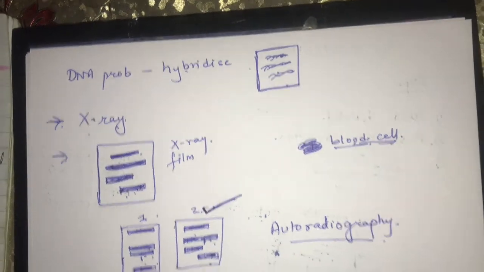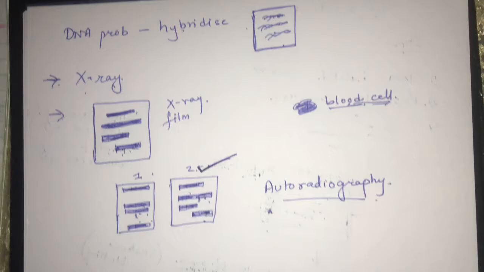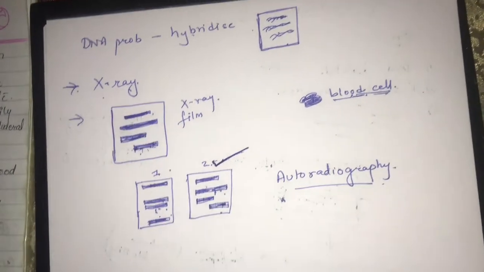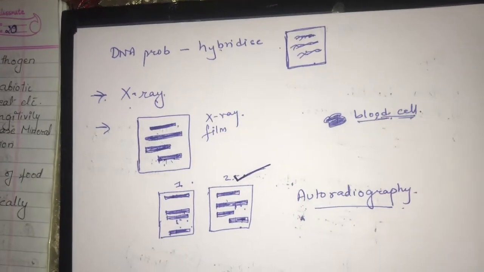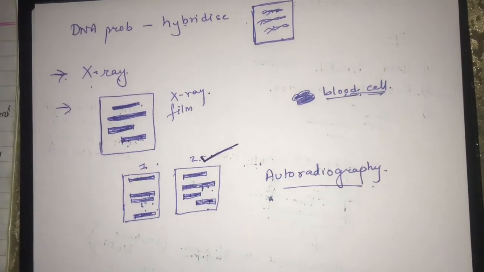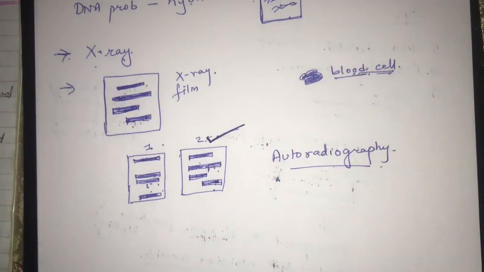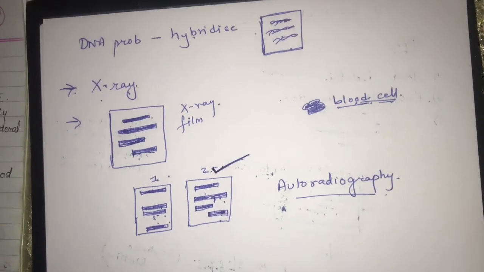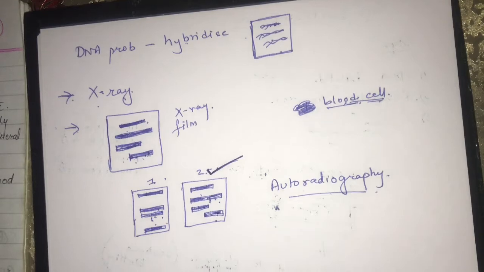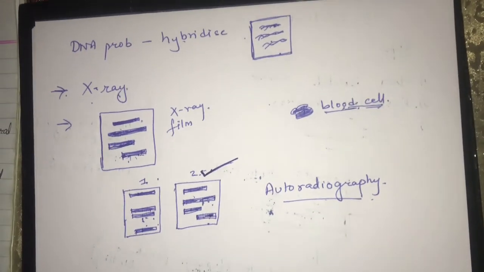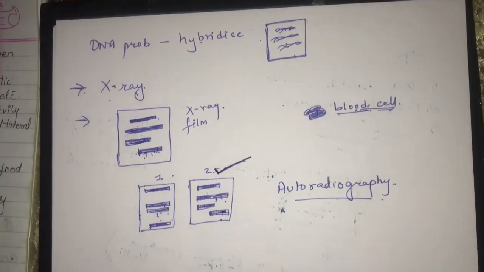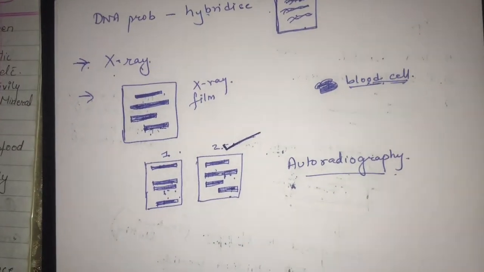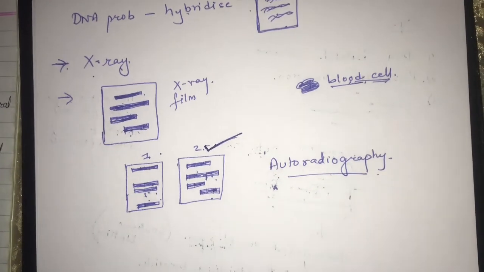Now, what are the applications of DNA fingerprinting? How is it used? I have already told you. DNA fingerprinting is used in criminal identification like this, and in solving paternity and maternity disputes, that means whether the child belongs to that father or mother or not. It also helps in determining evolutionary history between two organisms.